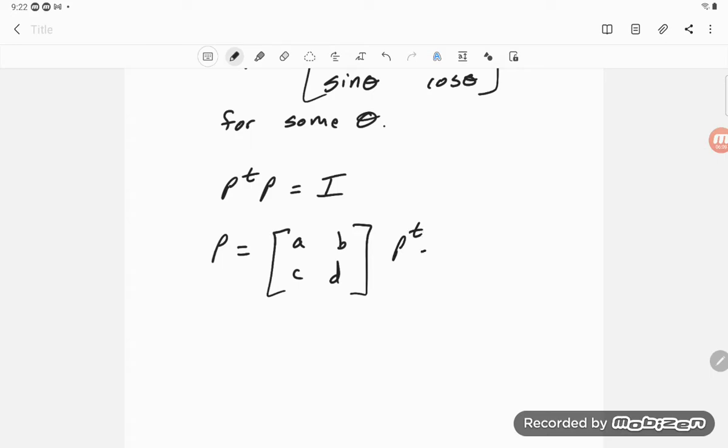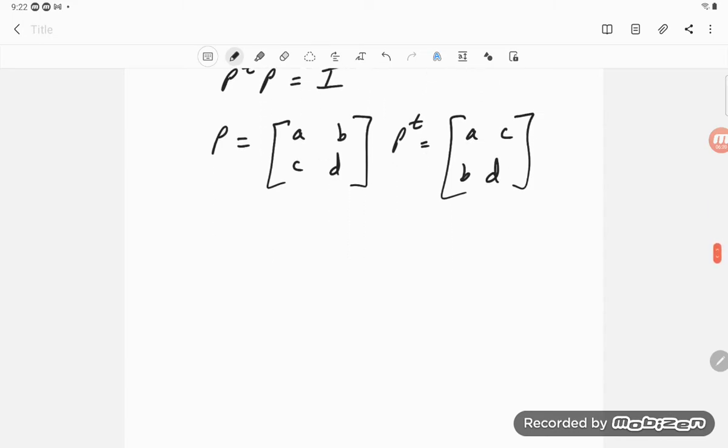Then P transpose is A, C, B, D. To get this proof, we need to take P transpose times P. Notice it's P transpose, so this one first, then the other.